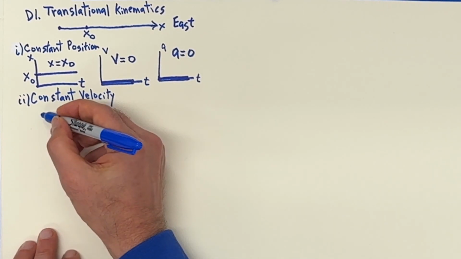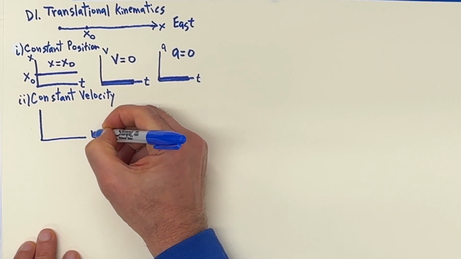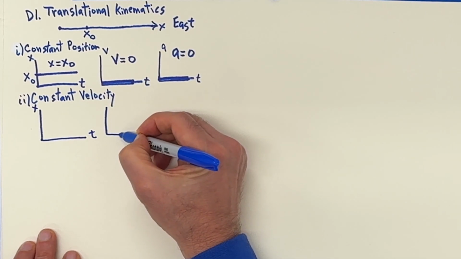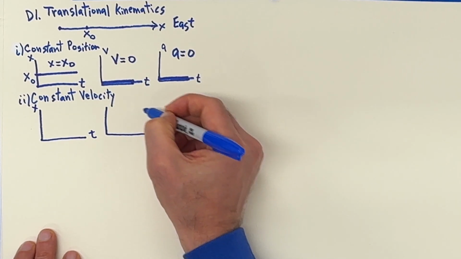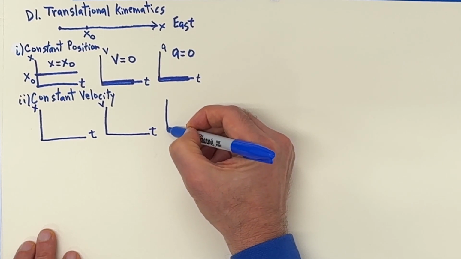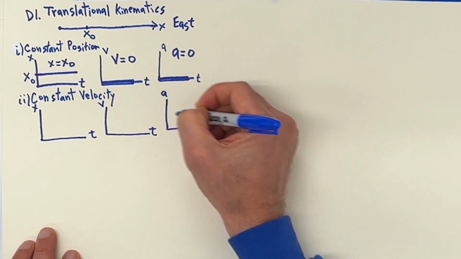And we would like to have the 3 graphs again. So here is time, and here is x. And here we have time, and we have the velocity. And here we have the acceleration and the time.